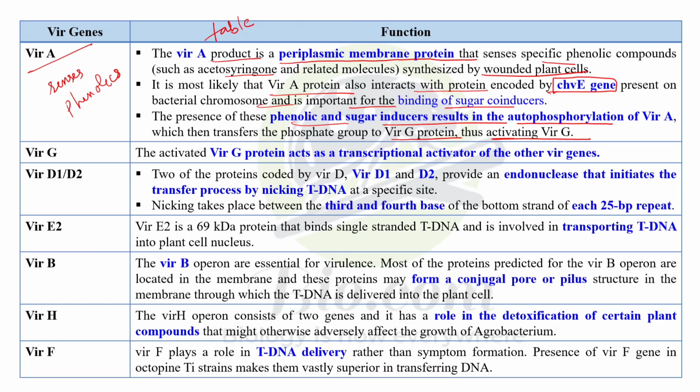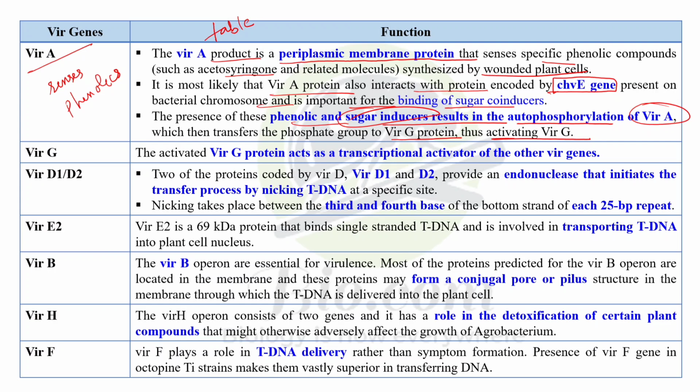Now उसके बाद जो phenolic compound release हुआ है and the sugar inducers जो हैं वो मिलके क्या करते हैं, autophosphorylate करते हैं Vir A को. Vir A autophosphorylate होता है, उसके बाद वो phosphate group transfer कर देता है किसे, Vir G को.